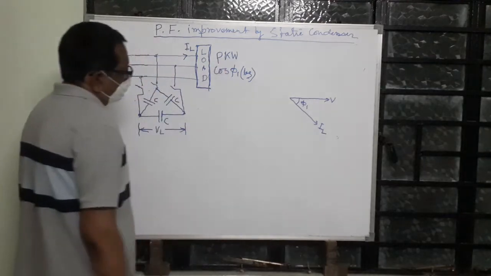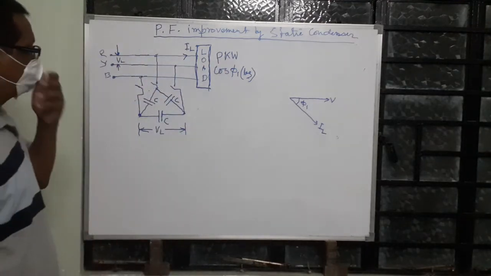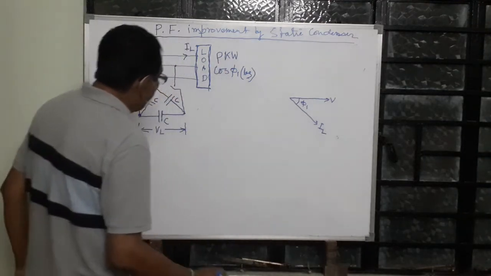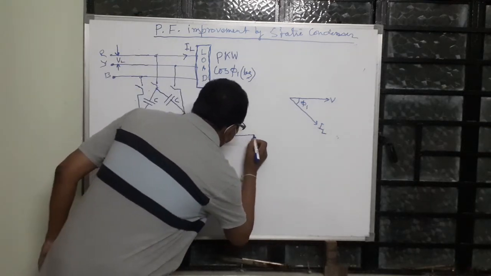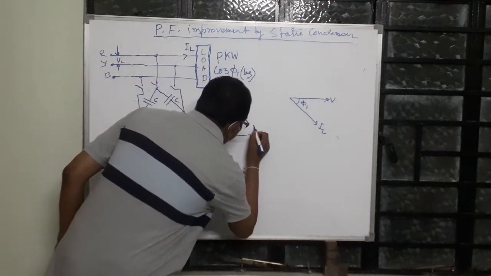This is the actual power, and this is the vector diagram. Now we draw the power triangle.